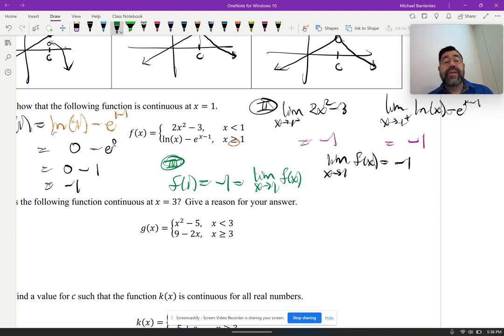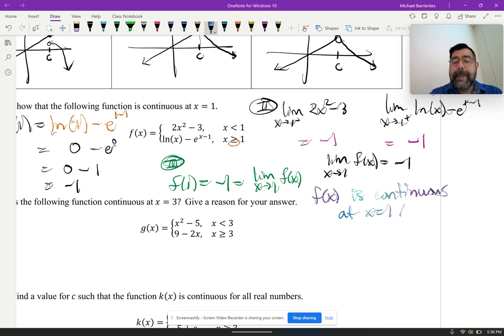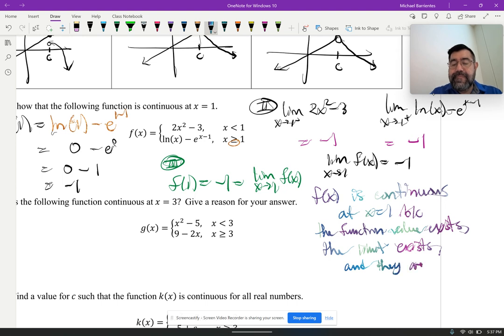So therefore, f of x is continuous at x equals 1, because the function value exists, the limit exists, that's what we checked, and they are equal.